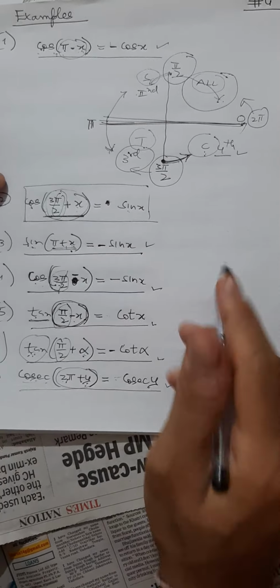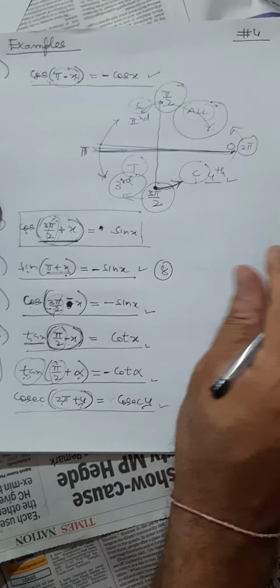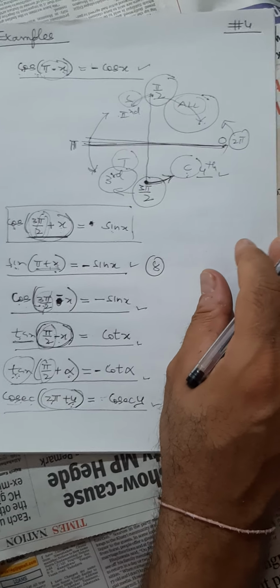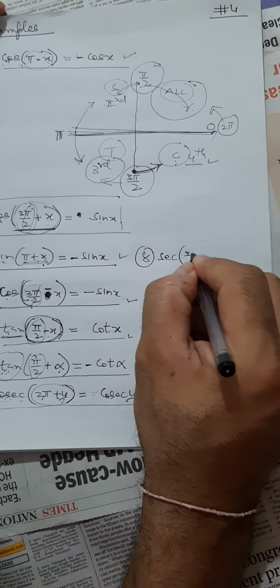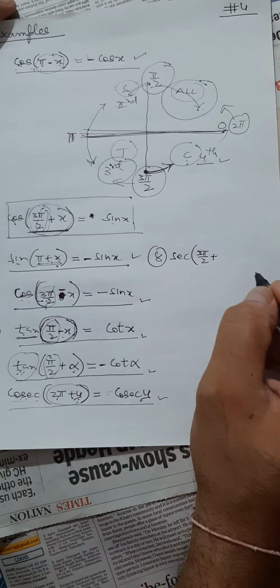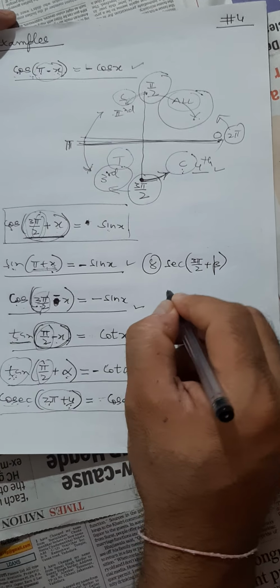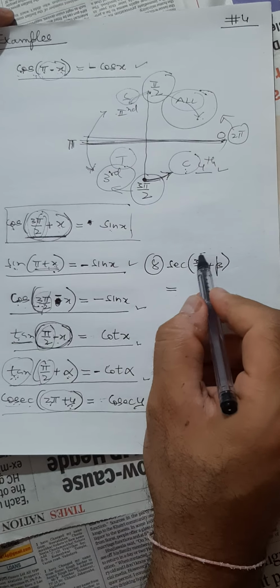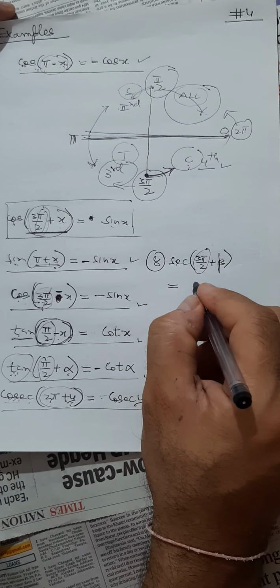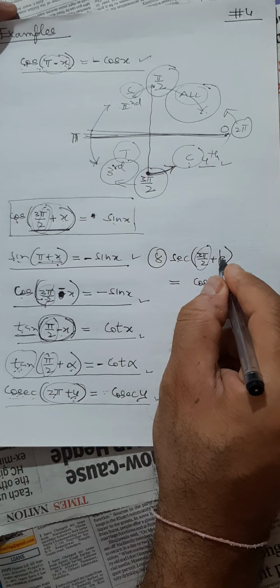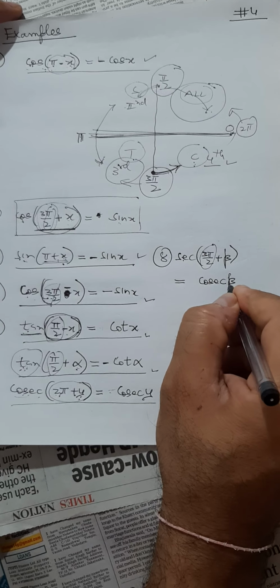One more. Suppose I want sec of 3 pi by 2 plus beta. Now you have 3 pi by 2, so the given function is sec, so the answer will be in the form of cosec beta, remember.